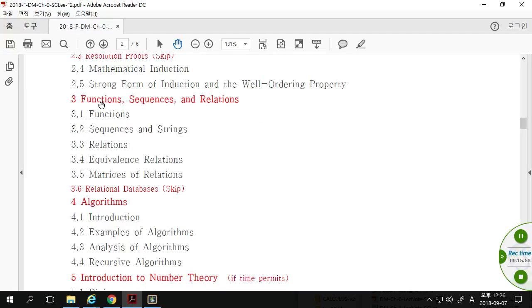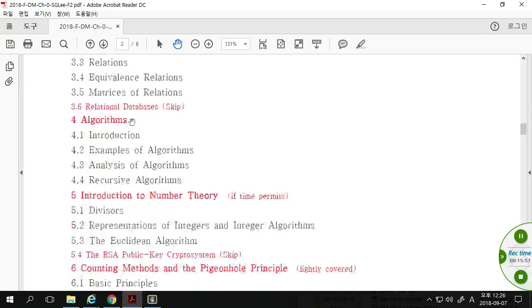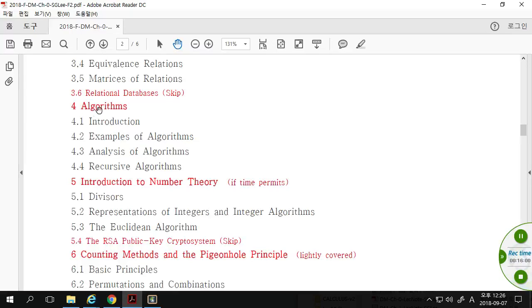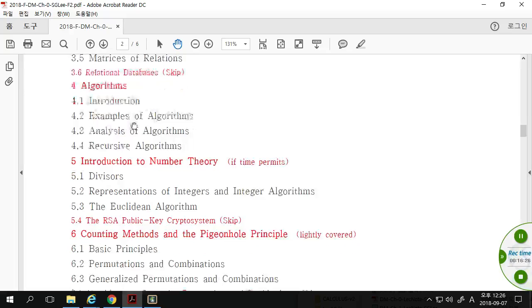In chapter 3, functions, sequences, and relations will be covered. In chapter 4, algorithms will be studied. This part is essential content for computer science major students, as well as all others who are using algorithms for data science and mathematics.